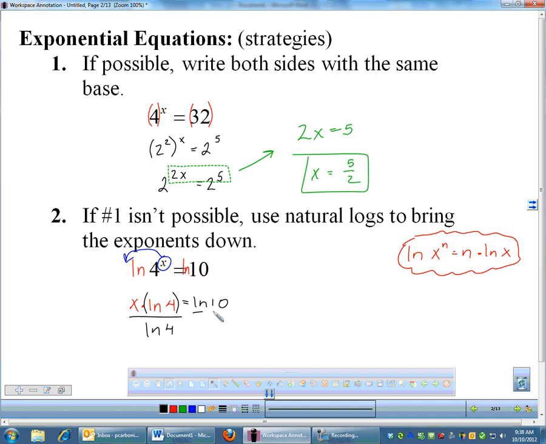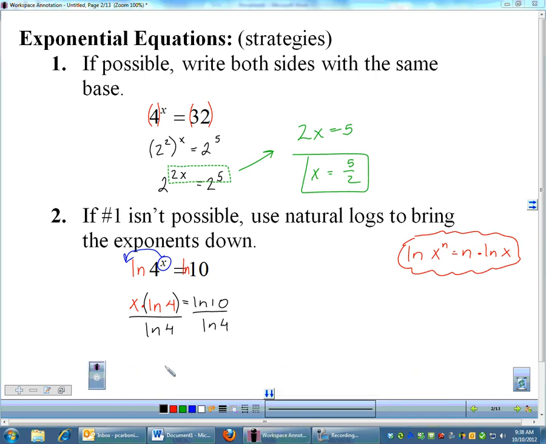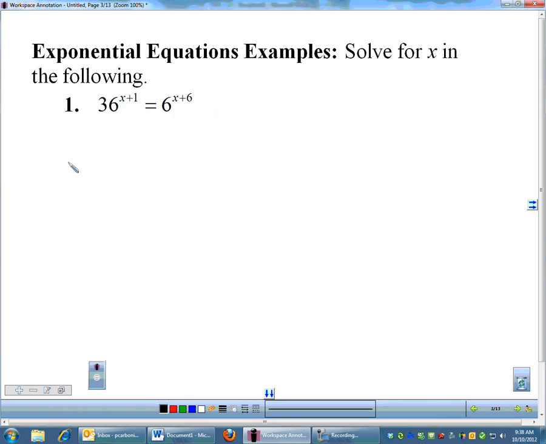That gives me an answer of x equals the natural log of 10 divided by the natural log of 4, and there's your answer. It's kind of ugly, you can't really wrap your brain around that, but there it is.